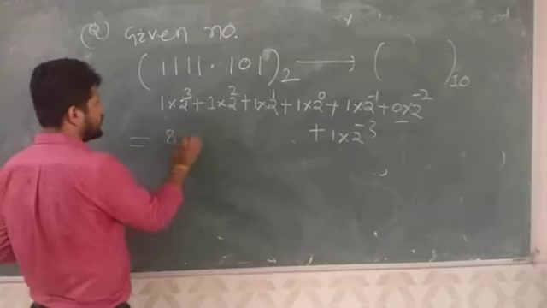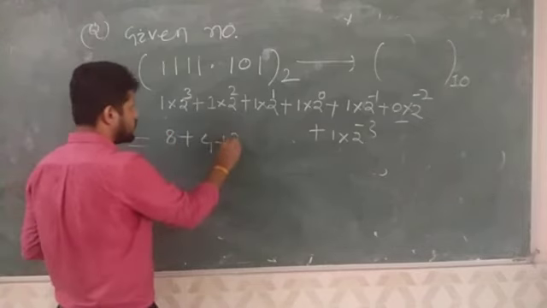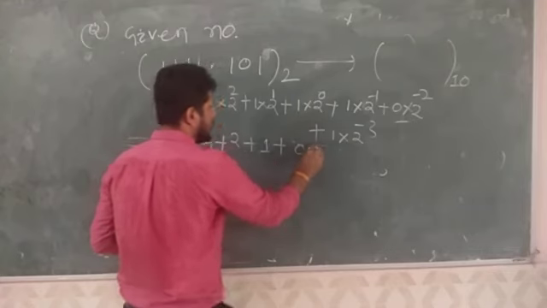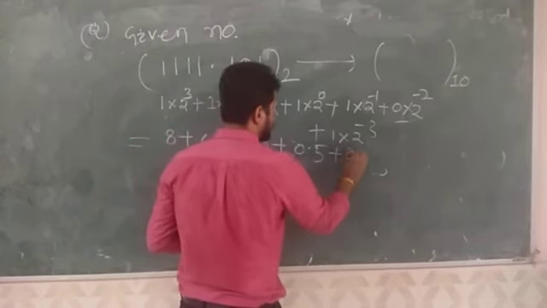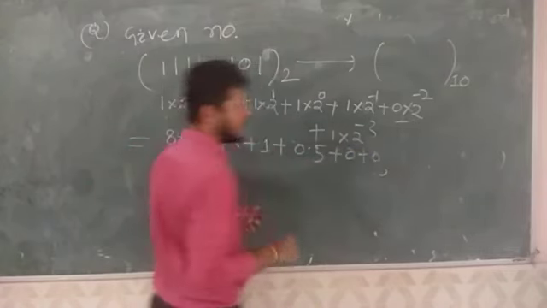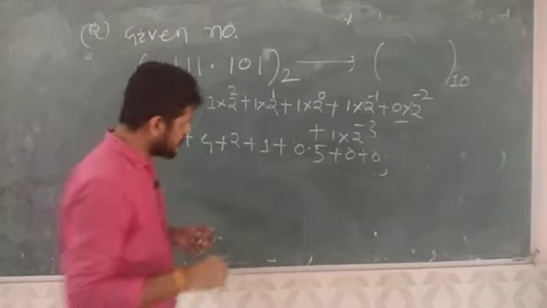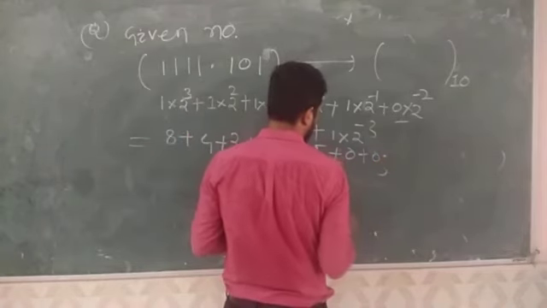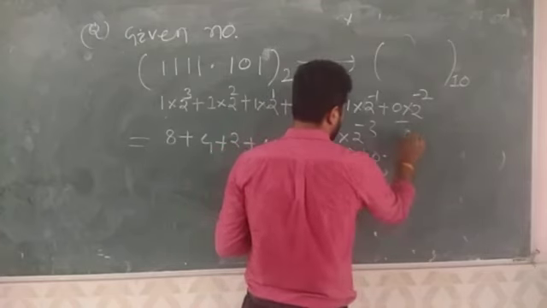So this is 8 plus 4 plus 2 plus 1 plus 0.5 plus 0 plus 1 by 8. 1 by 8 if you divide, the answer will be 0.125.